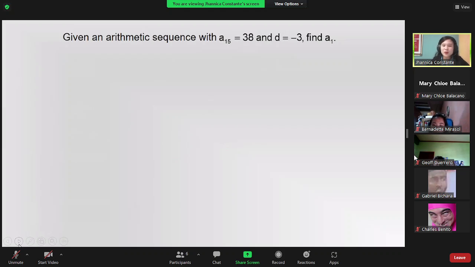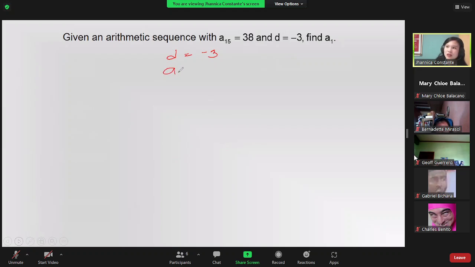For example, we are given an arithmetic sequence with a sub 15 equal to 38, and the common difference is -3. Find the first term. So what we're solving here is the first term of our arithmetic sequence. We have the value for the common difference, which is equal to -3.